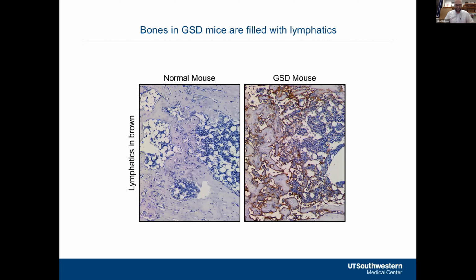The stain, in this case, causes the lymphatics to appear brown. So you can see in this bone from a normal mouse, there is no brown staining, and that's because bones do not typically have lymphatics. However, in our mouse model of Gorham-Stout disease, you can see that the bone is filled with lymphatic vessels.